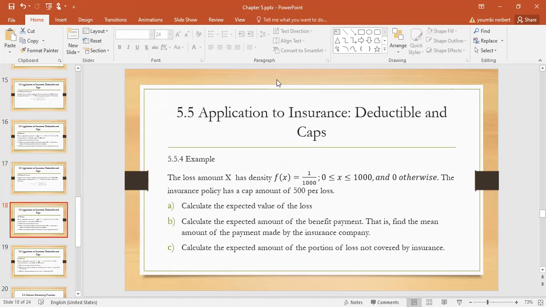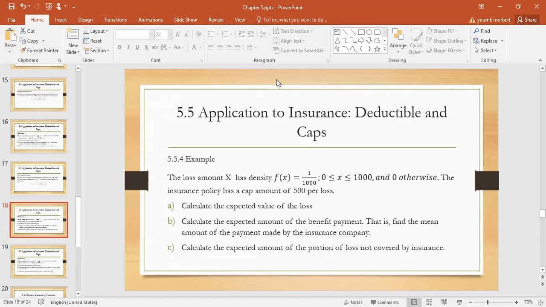Here the density function is f of x equal to 1 over 1,000, 0 less than x less than 1,000, 0 otherwise. And the cap amount is 500.